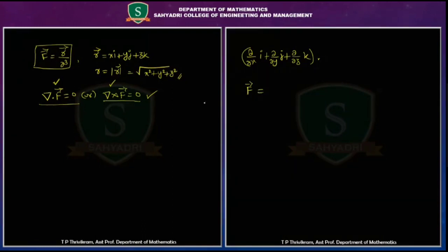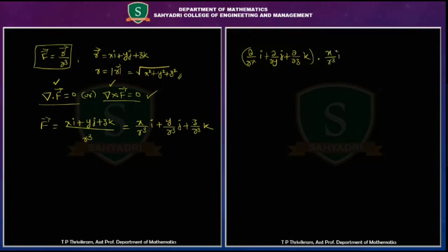Here f is nothing but r, which is xi plus yj plus zk, divided by r cube. So you have to write this as x by r cube i plus y by r cube j plus z by r cube k. So do the dot product of this vector.